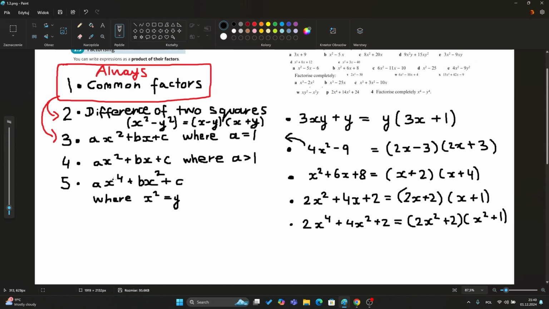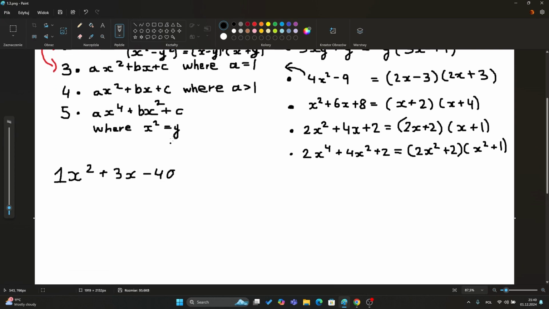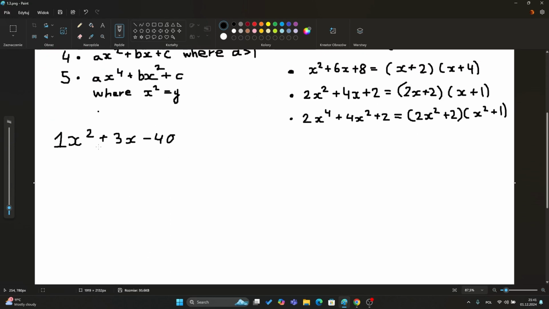Now we look at the second example. Again, the a is 1. When a is 1, we can use the same method as before. So the first time you see an expression, you need to ask yourself, does it have common factors?